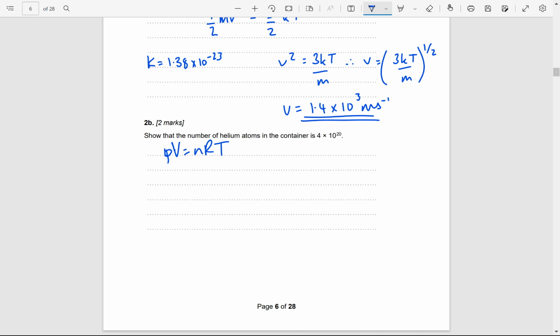I'm well aware that we need the number of atoms. So this is the number of moles. So I'm going to go ahead and rearrange. Now R is 8.31, and I rearrange for n.